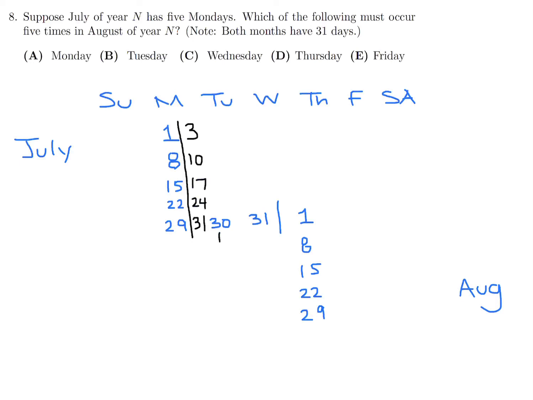And then this would become 1, 2, 3, and then same thing, 10, 17, 24, and 31. So again, 5 times you get a Thursday. So no matter which alteration you present, the day of the week that will occur 5 times in August is Thursday. So the answer is D.